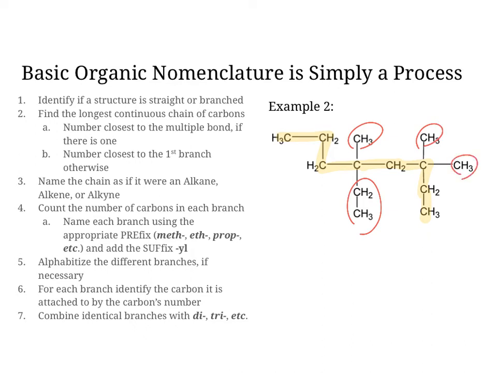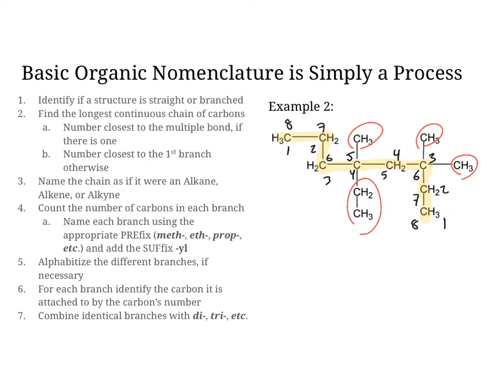Now I'm going to number my chain closest to the first branch. 1, 2, 3, 4, 5, 6, 7, 8. So this is an 8 carbon long chain, which is important because I said 7, and I can't count apparently.